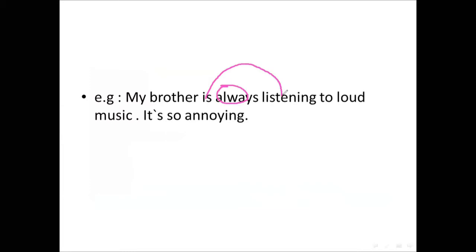Annoying means إزعاج. Okay. Now the sentence indicates annoyance or irritation that someone listens to music loudly. Okay. And this action, listening to loud music, annoys another person.